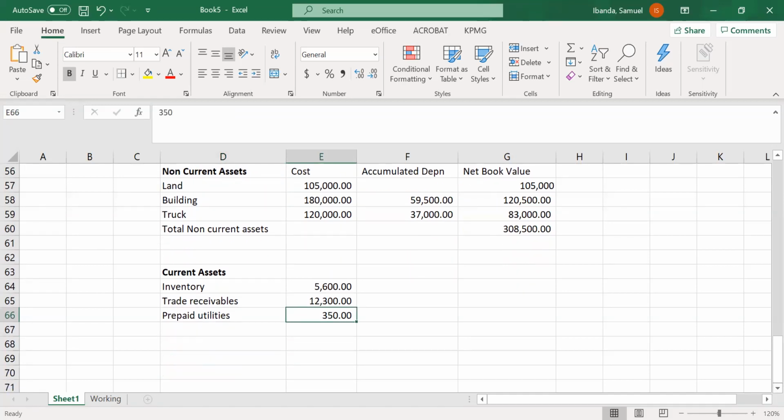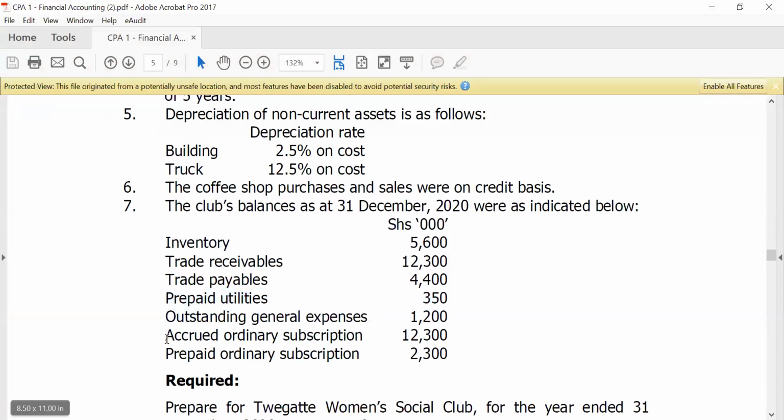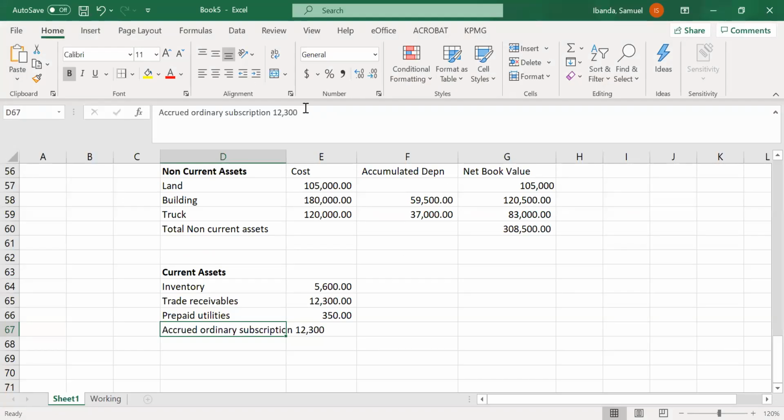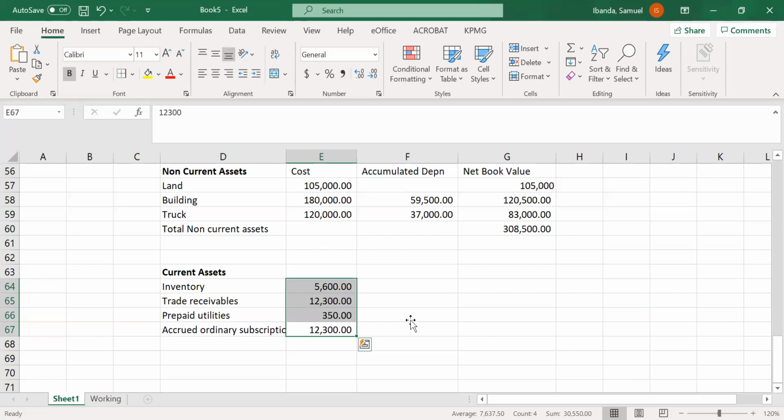Other than that, I also have accrued ordinary subscriptions, which is also a current asset. Why? These are ordinary subscriptions for members who have not paid by the end of the year. So they are assets to the organization. So 12,300 is supposed to be included here. As we can see, this gives you 3550.